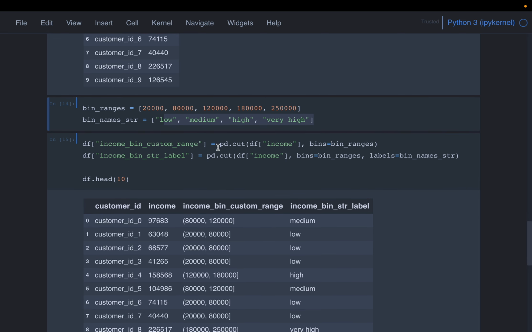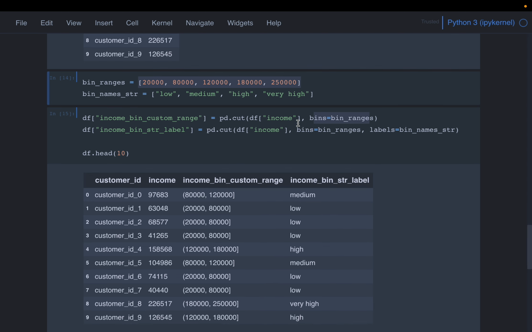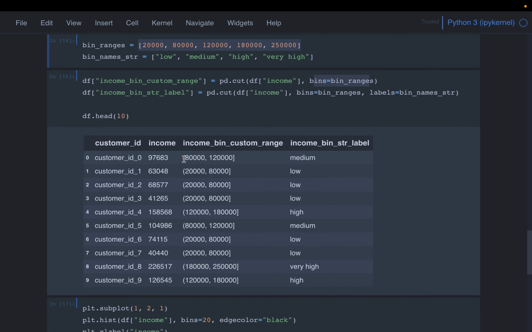Okay. So again, we are using the same cut function from pandas. Here we are providing the raw variable and no labels. We are simply providing the bin ranges, and these are custom values, because the space between them is not uniform. So this will return the ranges.